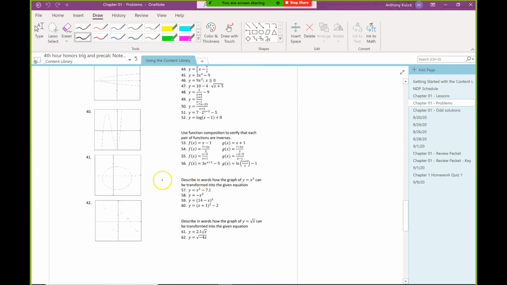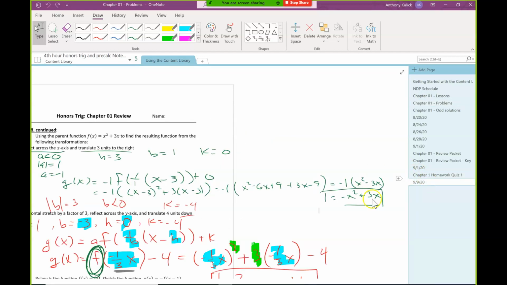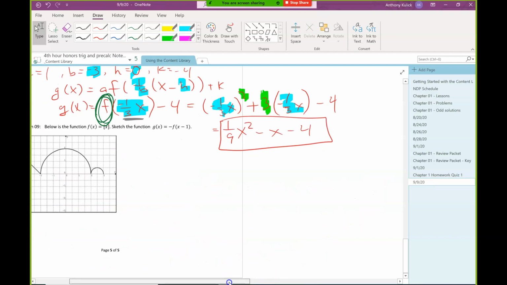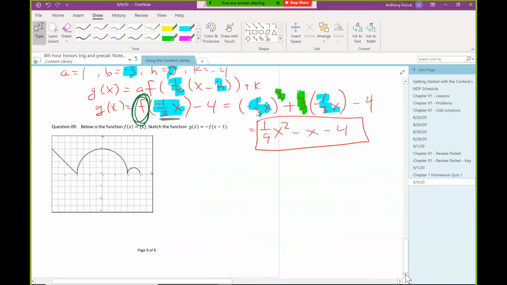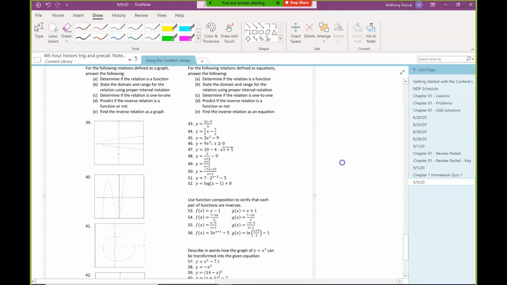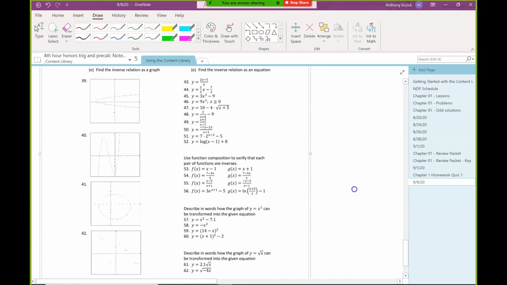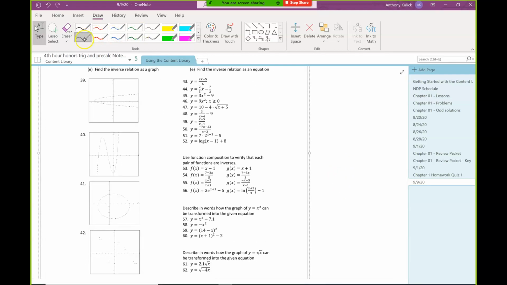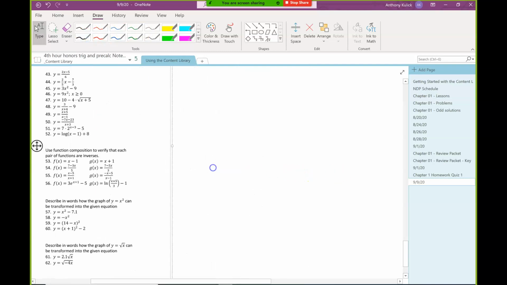Problem 56. Okay, so it says to verify that the two functions are inverses.